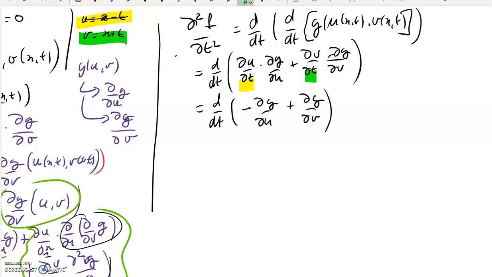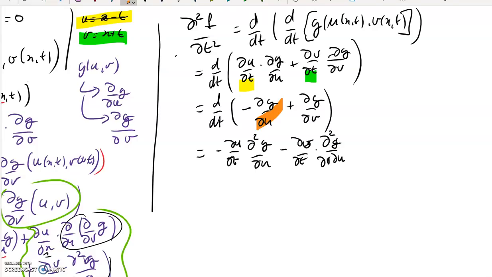Right, so let's do this again. We get the minus du over dt d2g over du squared minus dv over dt times d2g dv du. Okay, that was for this first term, which has been treated here. And then let's do the second one.